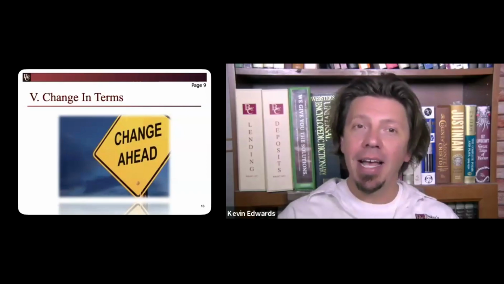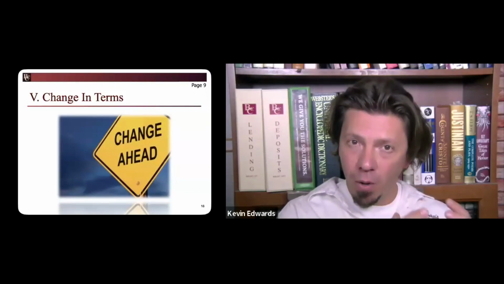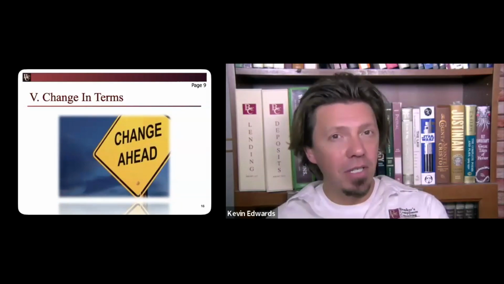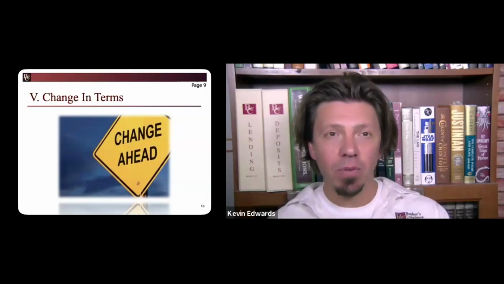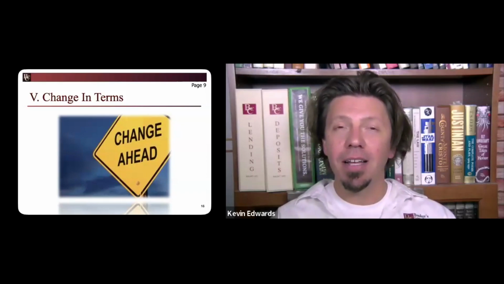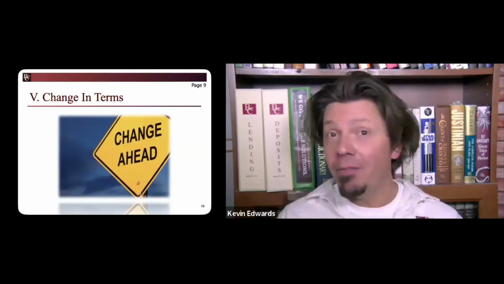Okay. So anytime there's a change to a disclosure that was required at the front end, if that is going to reduce the APY, or if it's going to adversely impact the customer, that's what's going to trigger this change in terms notice. Now, what do you have to tell them, or what has to go into your change in terms notice? Well, first off, you have to give them the effective date.